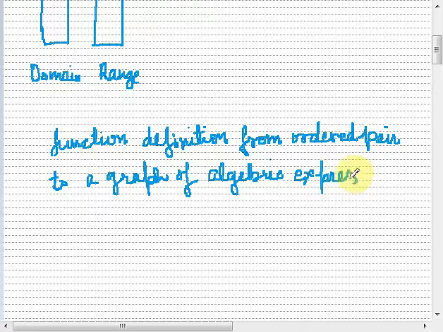What I just said is that a graph of an algebraic expression can exist and can be plotted. What is an algebraic expression? You know very well. Suppose this is an algebraic expression.